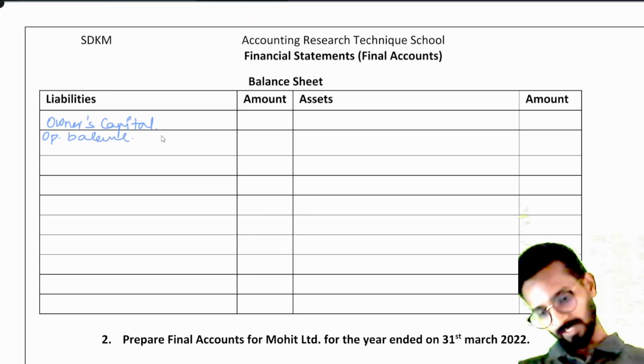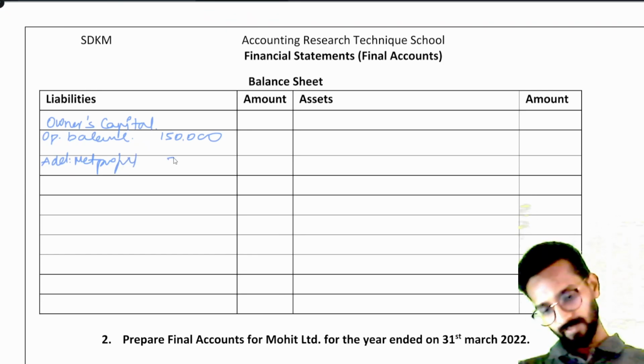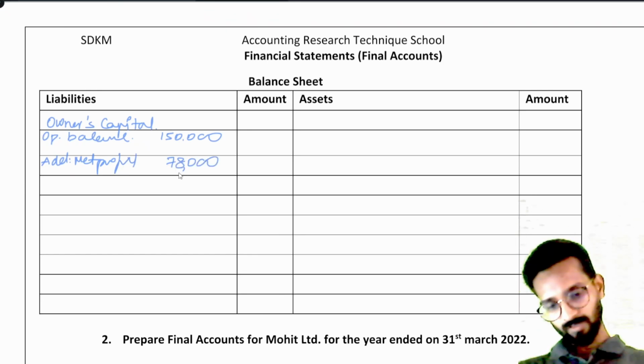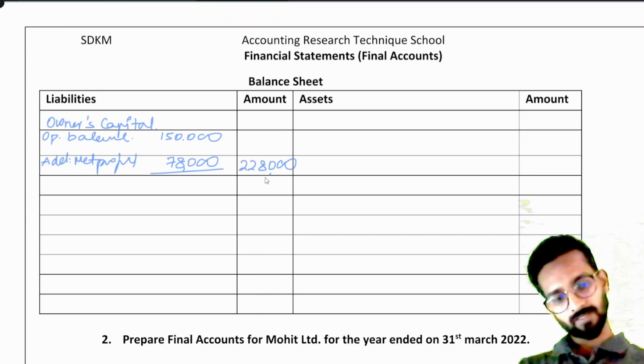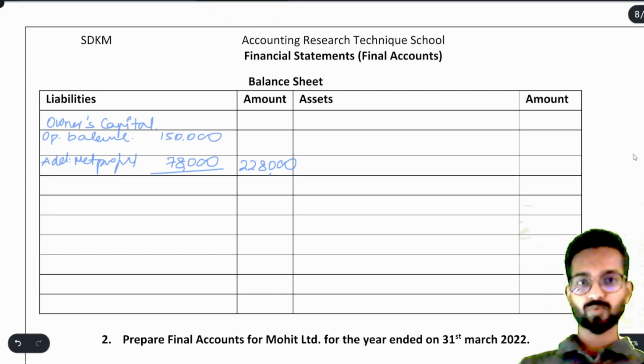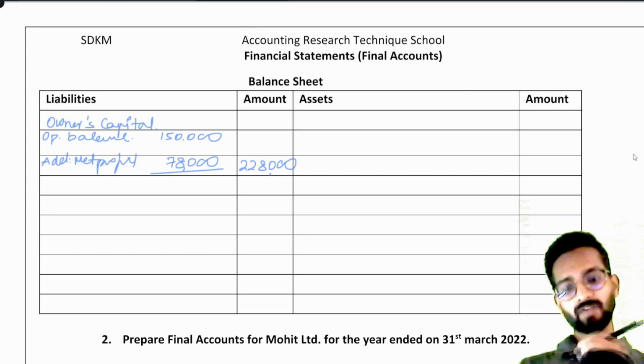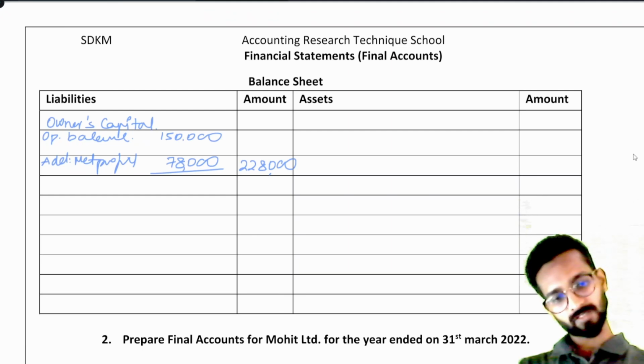Opening balance was how much? 1,50,000. Add net profit. How much was the net profit? 78,000. Very good. So outside you will write 2,28,000. Simple. Then see, trading gave gross profit, then in P&L we found net profit, and then we transferred net profit into our balance sheet.